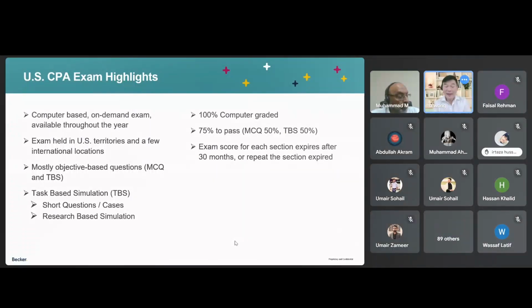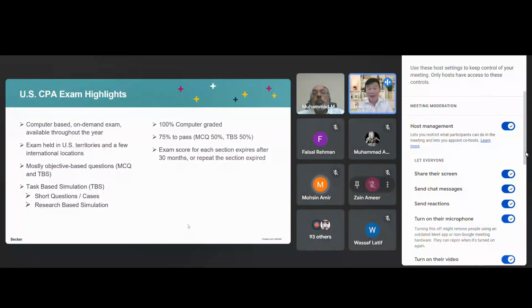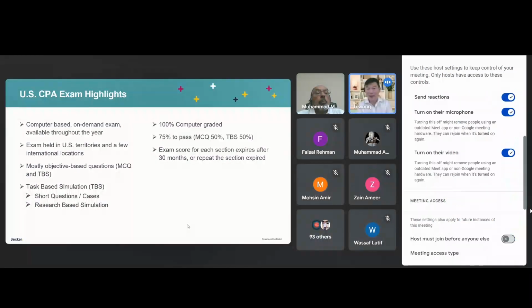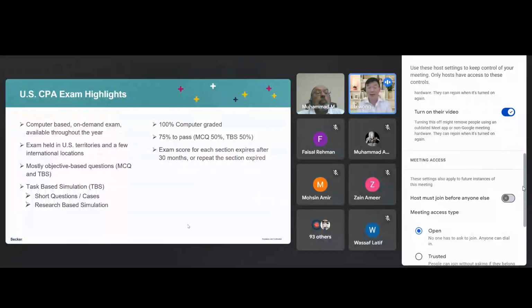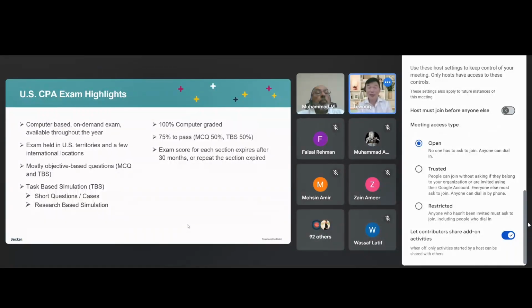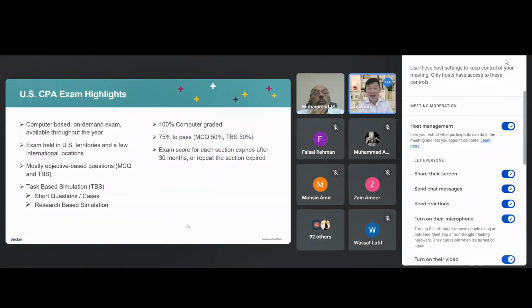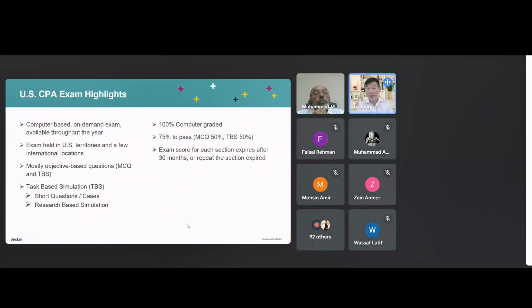And basically, by accident, I came across an advertisement talking about the US CPA exams. I saw that ad in the CPA Canada magazine, applied, and tried to become a US CPA.